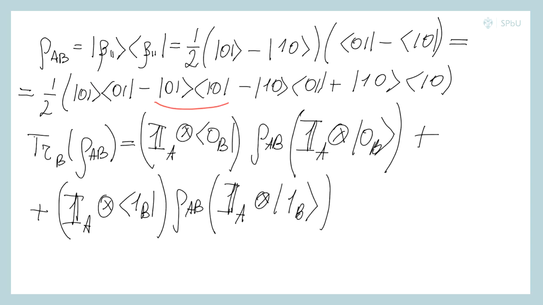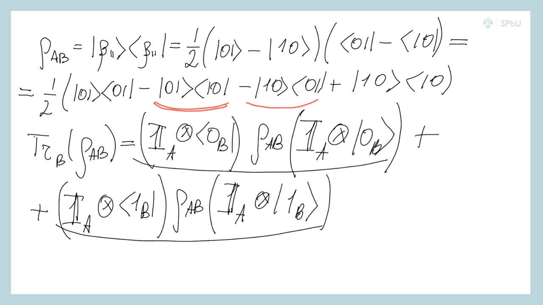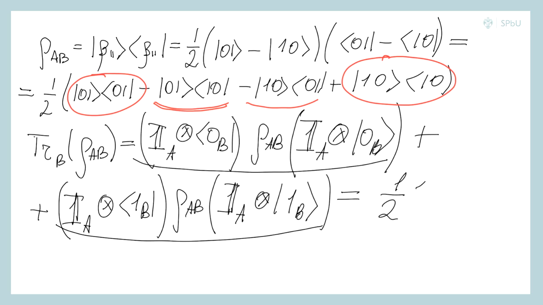It can be shown in the same way that the terms 0,1,1,0 and 1,0,0,1 actually don't matter, because they will give us 0 in both terms. However, the two other terms, 1,0,1,0 and 0,1,0,1, will yield some results that, after all, will lead us to the final result 1/2 identity A. And this is our answer.